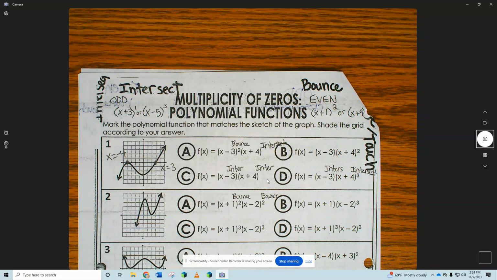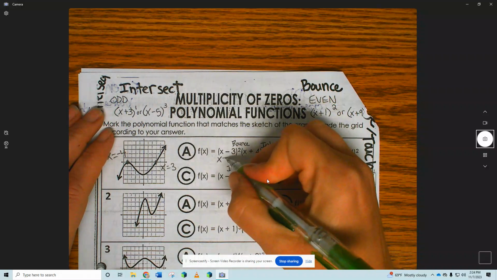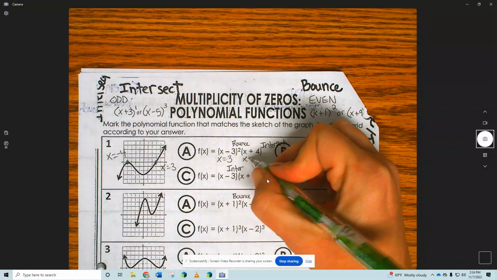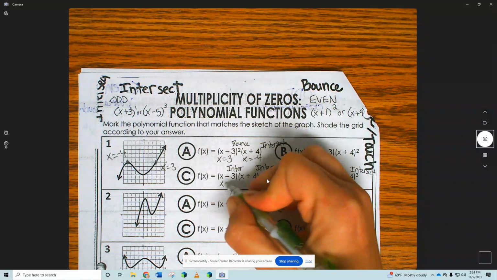Do you see how that bounces? Doesn't that look like it's just bounce, touch? This at 3, it crosses, right? You have to figure out which one it is. It's kind of confusing. This is at x equals 3, x equals -4. You guys, they're all the same.